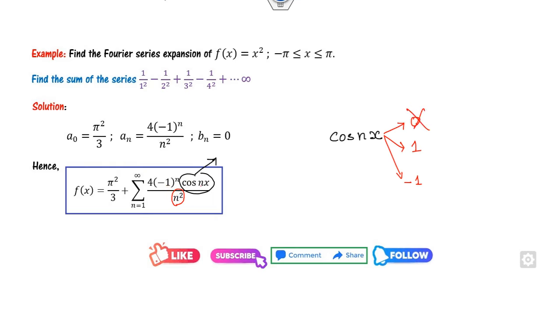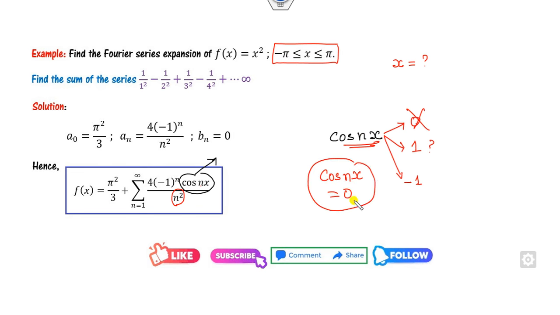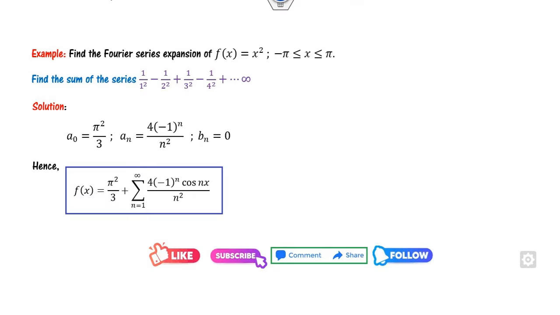So for what value of x does this value become 1? Can you find the value of x from this domain so that cos nx will be 1? That's very simple. When will the cos value be 1? At cos of 0. So you can choose x to be 0.